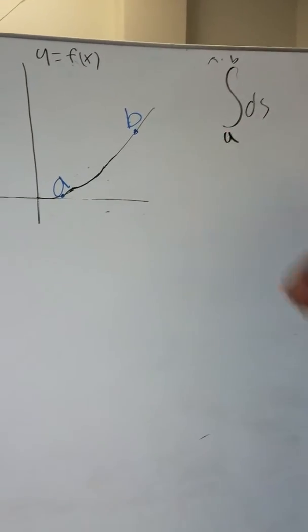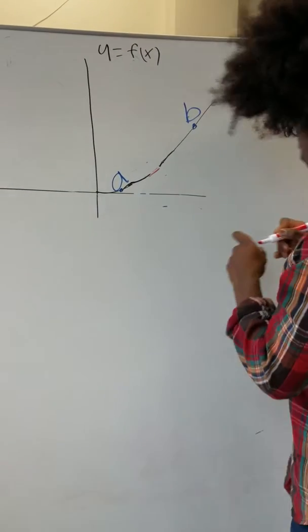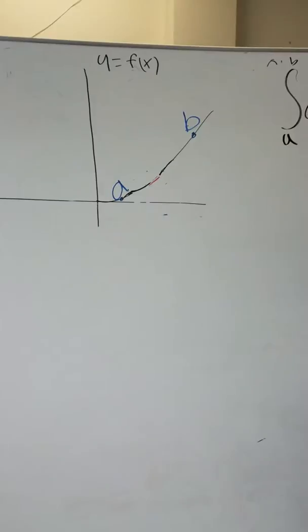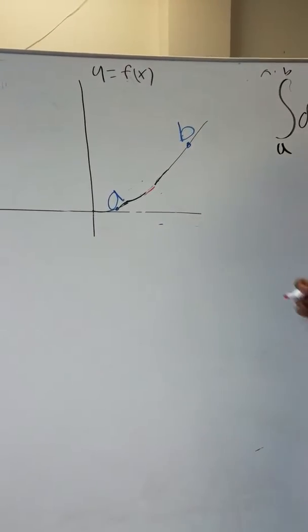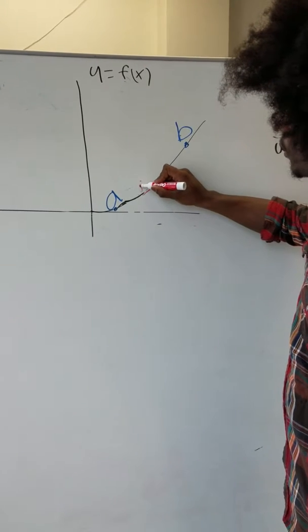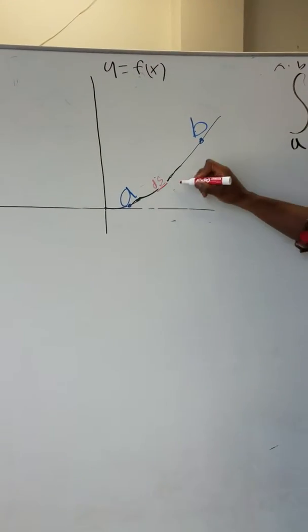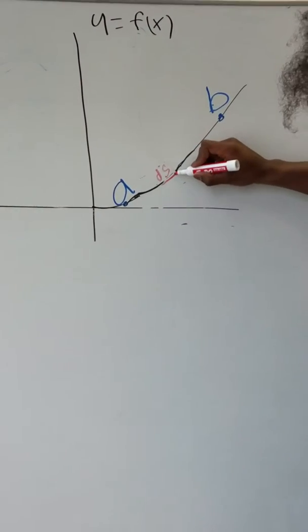So, let me pick a point in motion. So, this is the point of motion we're going to call ds. Now, let us approximate that ds is a line.